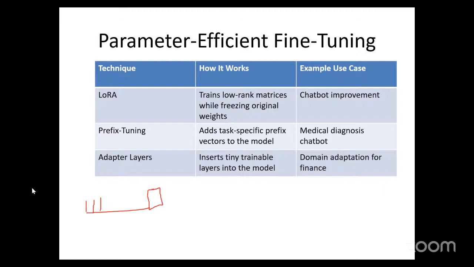You will build a room attached to your house if there is a shortage of space. That is nothing but your adapter layers. You add a layer to the already existing layers of the model. This is your adapter layer. These are the few techniques we have discussed.